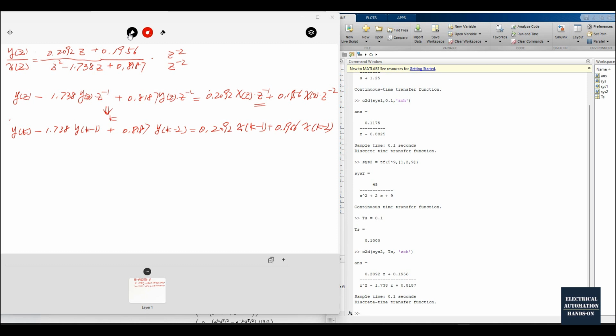Then once we move terms to the right side, we will get the y k difference equation.